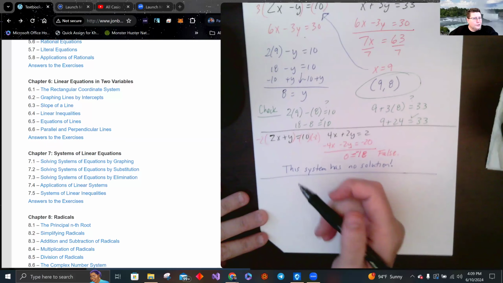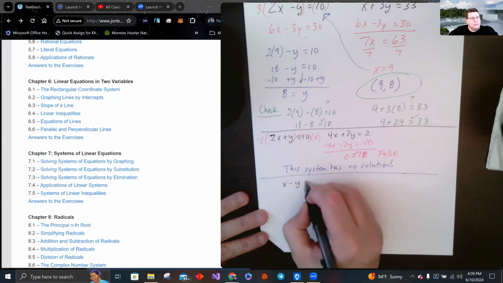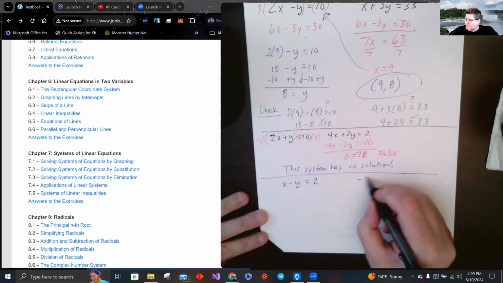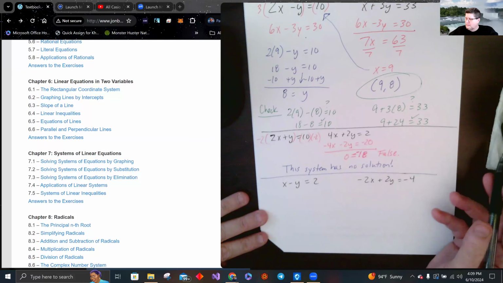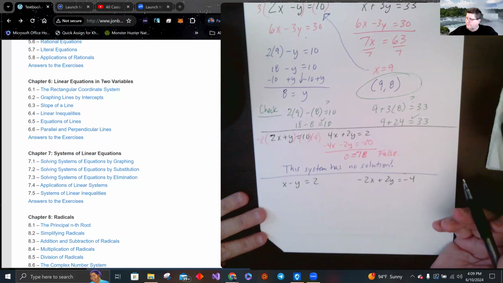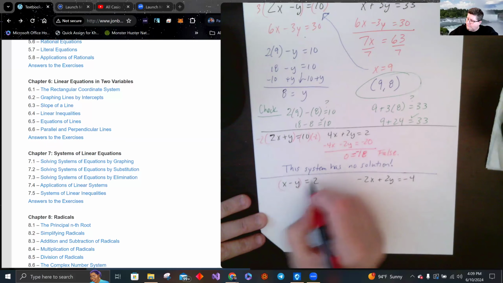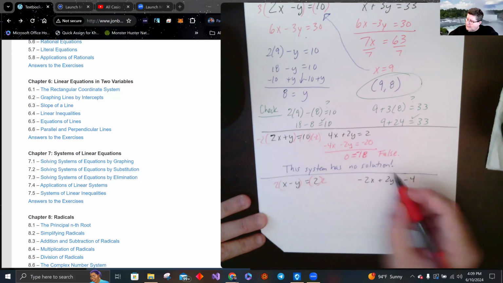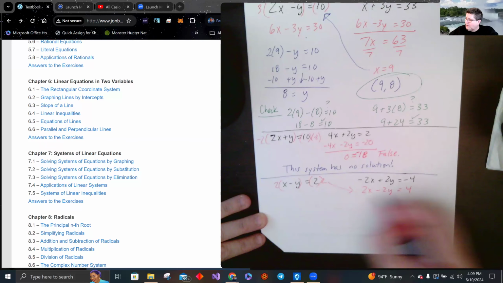And why don't we do x minus y equals 2. -2x plus 2y equals -4. I'll multiply this one by 2. I get 2x minus 2y equals 4.